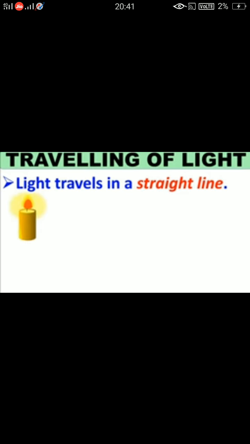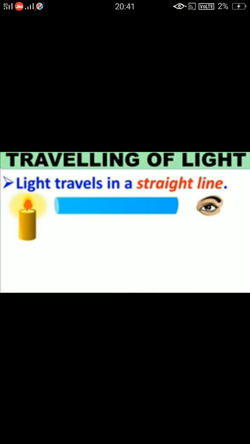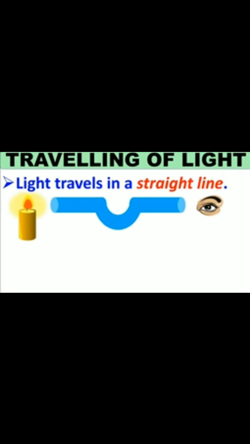See, this is a burning candle and I'm taking a hollow long pipe, straight, and I'm watching through the other hole, and I'm able to see that burning candle very clearly because it is a straight, hollow, long pipe. But when I'm taking a curved, hollow pipe, what can I see? Nothing. It is very, very difficult to see the burning candle through the curved pipe. So it is proved that light always travels in a straight path.